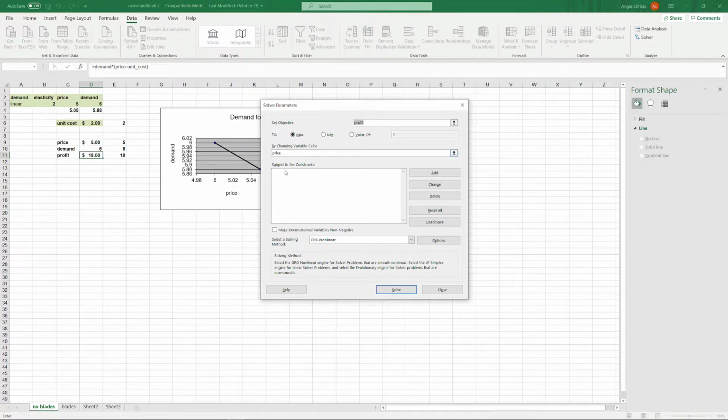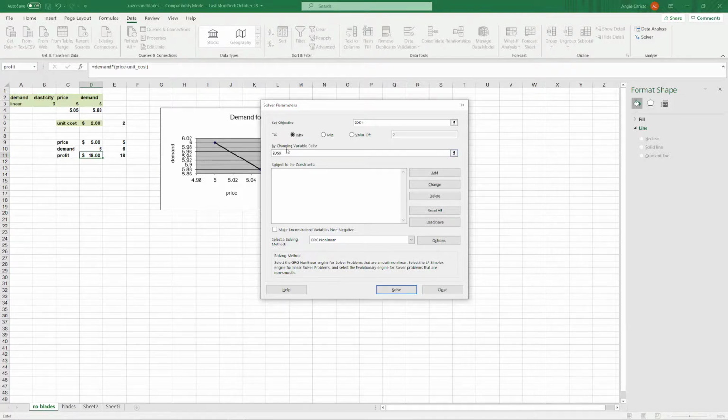So we are changing the price, trying different prices out so that we can maximize our profit. All right. So the objective is profit needs to be maximized. So we have selected max here because we're maximizing the profit by changing the price, right? Trying multiple values for the price.